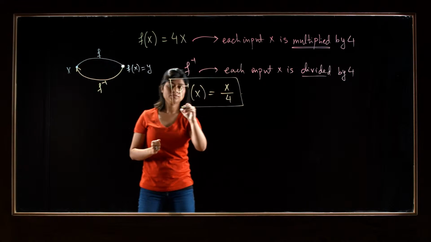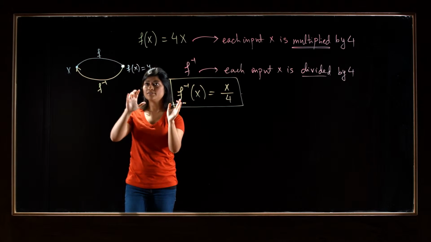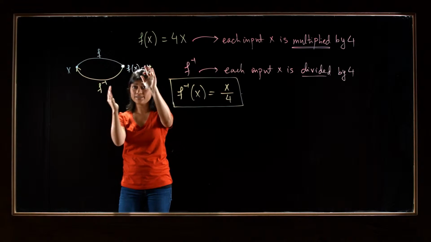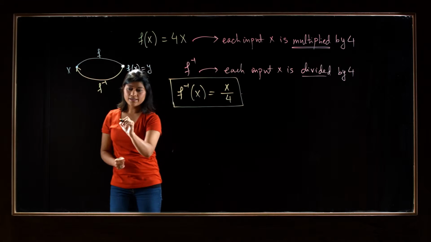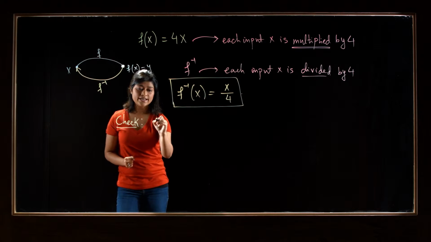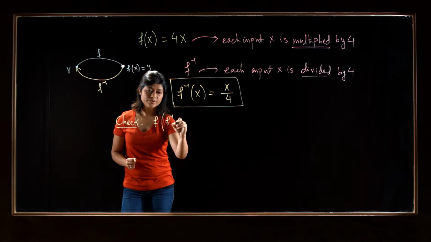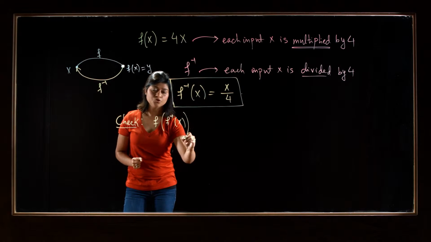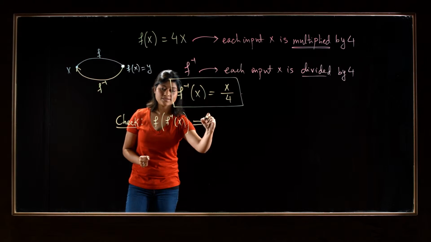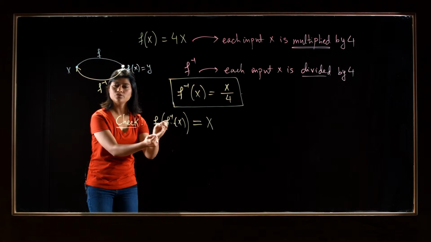Now, is this correct? Let's check. The best way to check is the rule between f and f inverse, that they reverse each other. What does that mean? It means that when you take f and then apply f inverse to it, you should get x, right? So f and f inverse basically cancel each other.